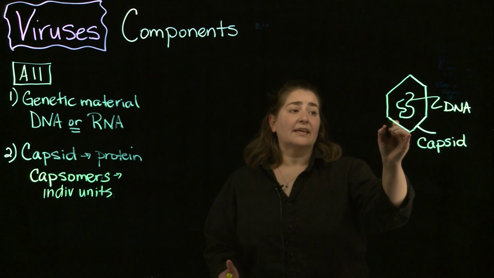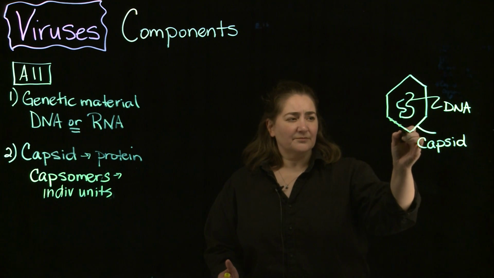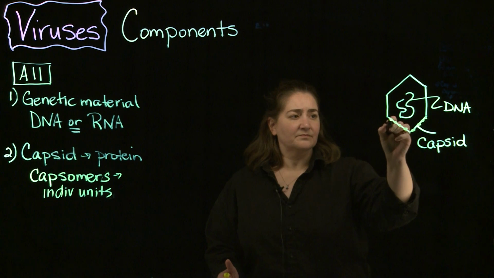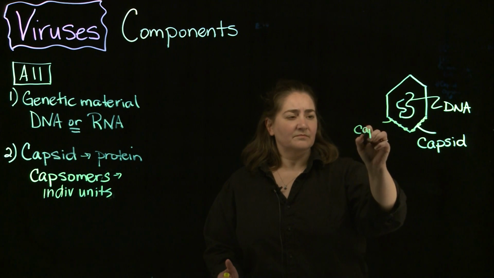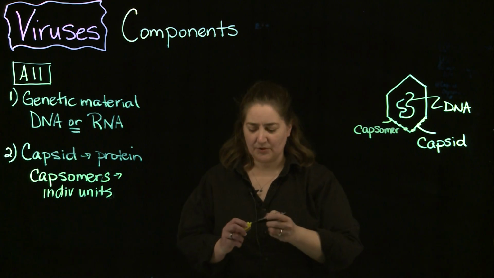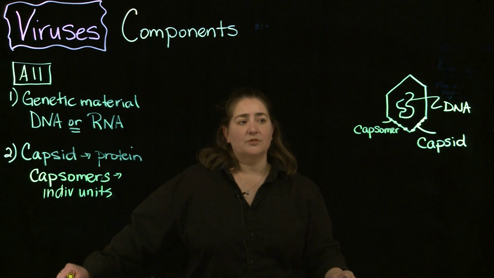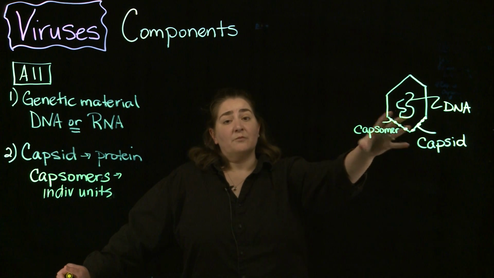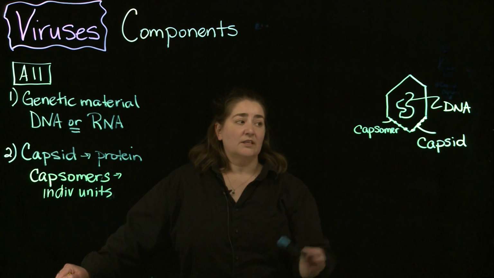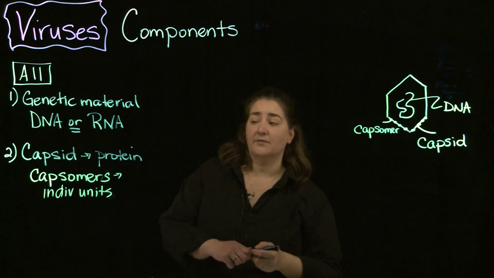The capsid is going to be made up, I put some little dots here, of those capsomers. And those capsomers are going to be the individual protein. So at minimum, this is what you need for a virus. You need the genetic material and you need a capsid.